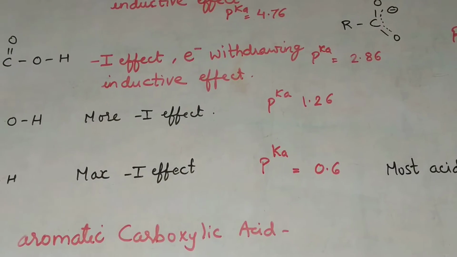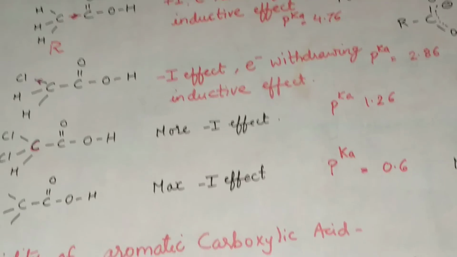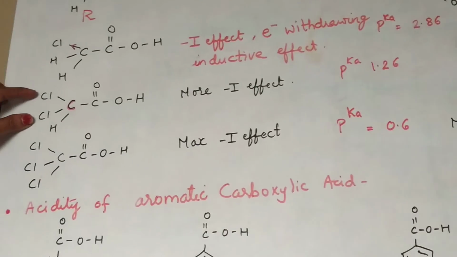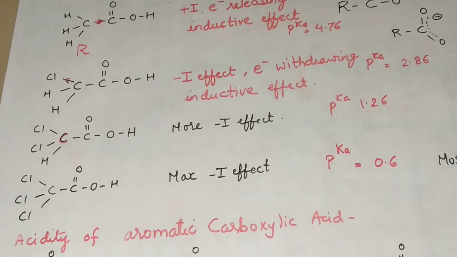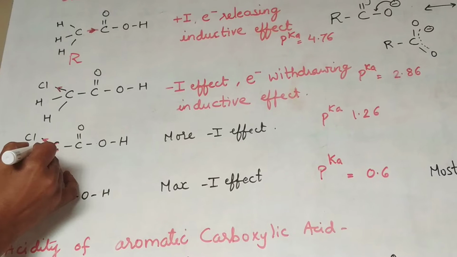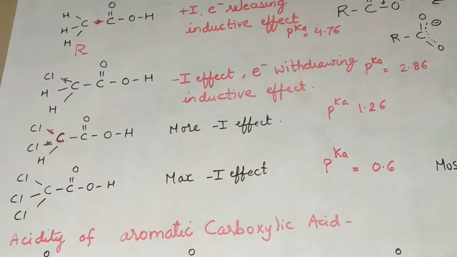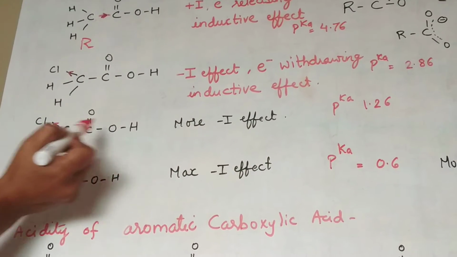Now we come to the dichloroacetic acid. 2 Cl groups present, 2 H replaced by Cl. Now 2 Cl groups are present, so the minus I effect, that is electron withdrawing inductive effect, will be more. 2 Cl atoms will pull the electron density from this carbon, ultimately from oxygen.